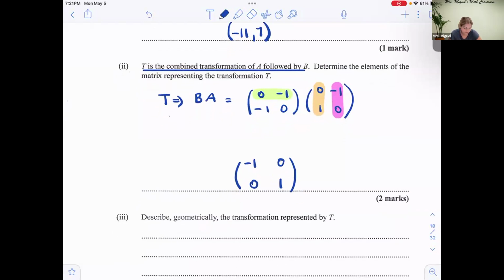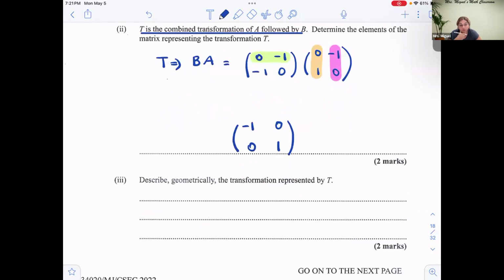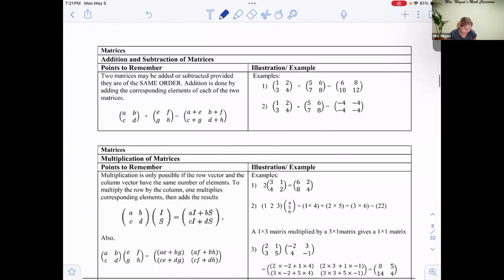Then they are asking to describe geometrically the transformation represented by T. So this is where you're supposed to learn some of the transformational matrices. So what we're looking for is which matrix is -1, 0, 0, 1. So we're going back to the table.